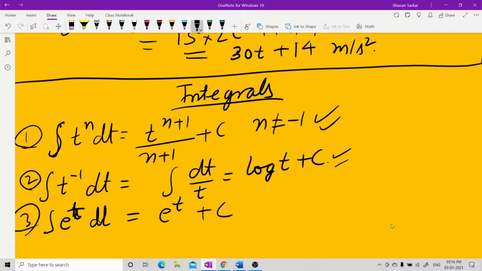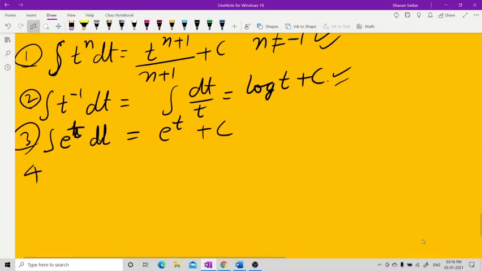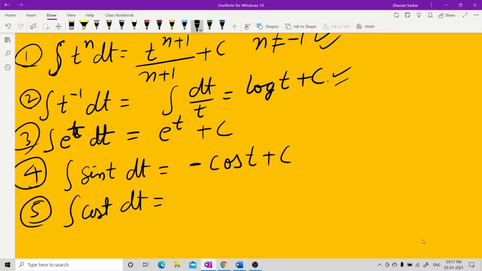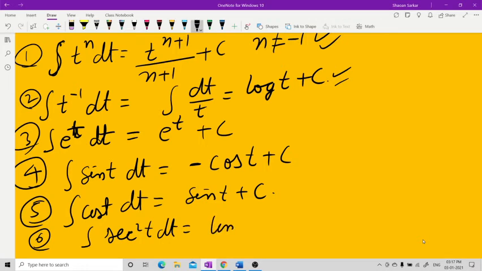Then we have fourth, sine t: integral of sin t dt is equal to −cos t plus c. 5, integral of cos t dt is equal to sin t plus c. 6th, integral of sec² t dt is equal to tan t plus c.